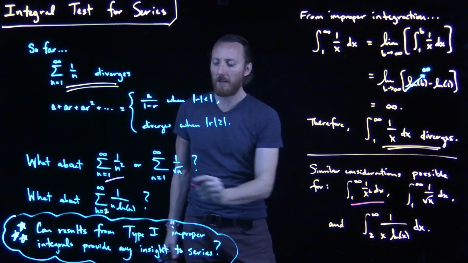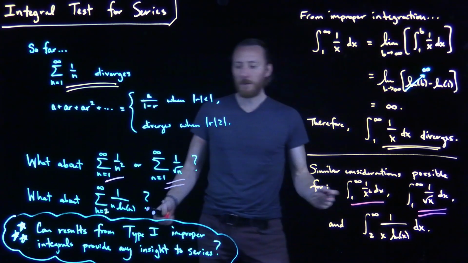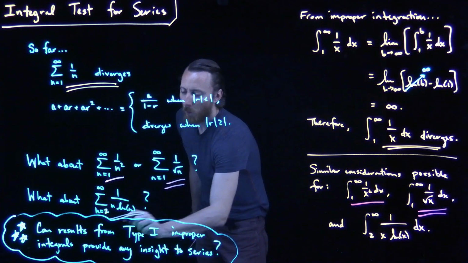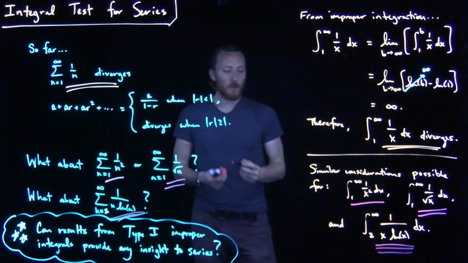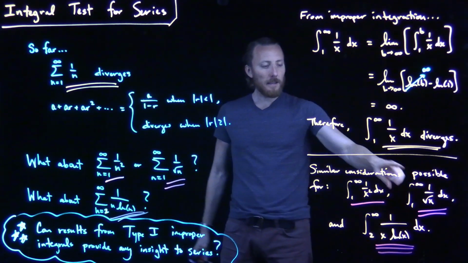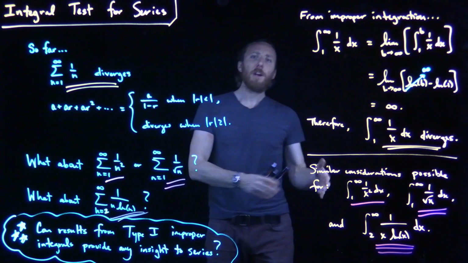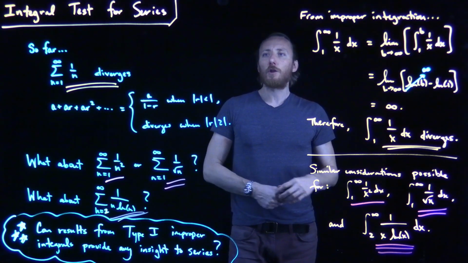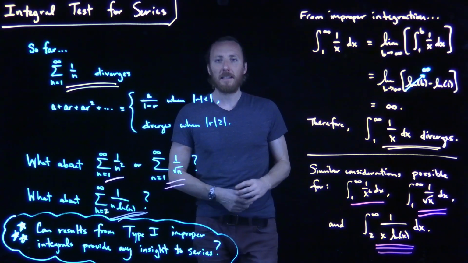They look very analogous. 1 over square root n is like 1 over square root x. And this one with 1 over n ln n is a lot like 1 over x ln x. So these improper integrals would all be computable, and could there be any insight gleaned? So let's dive into whether or not there can be insight gleaned and what that insight is.